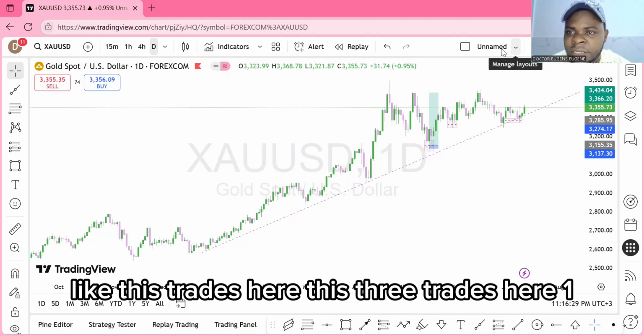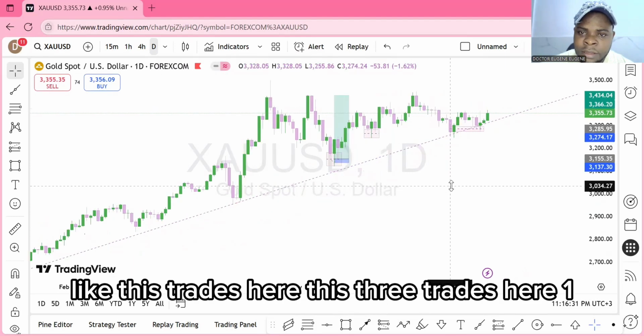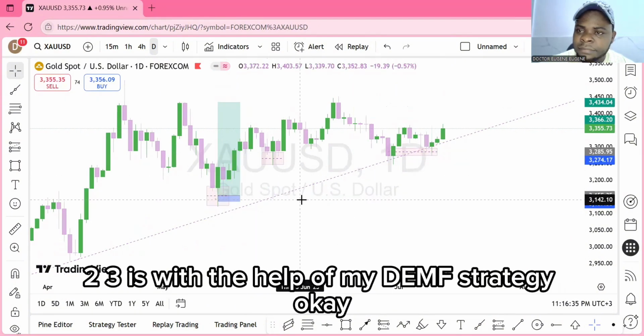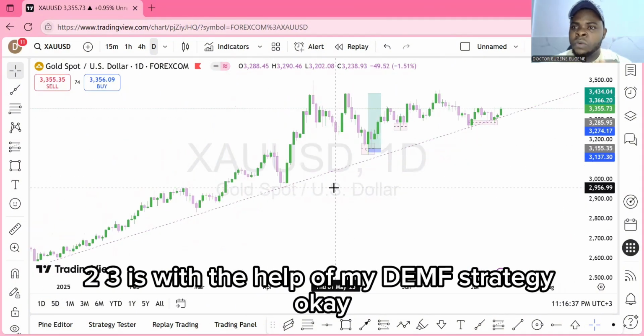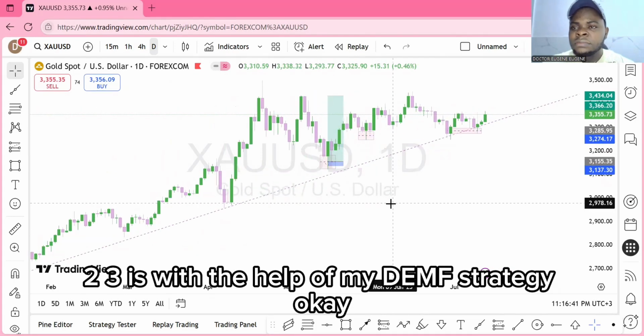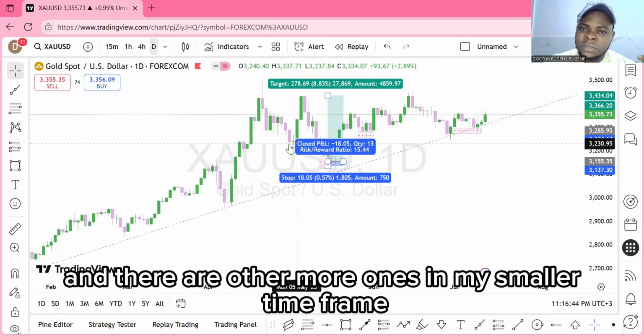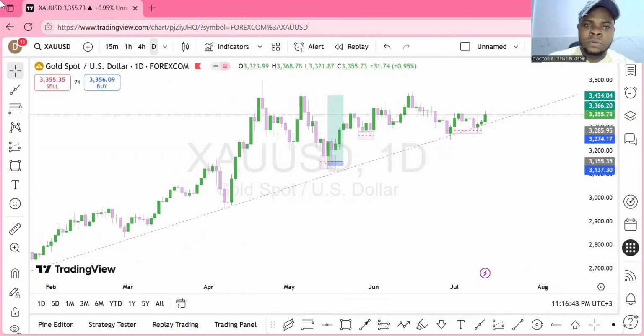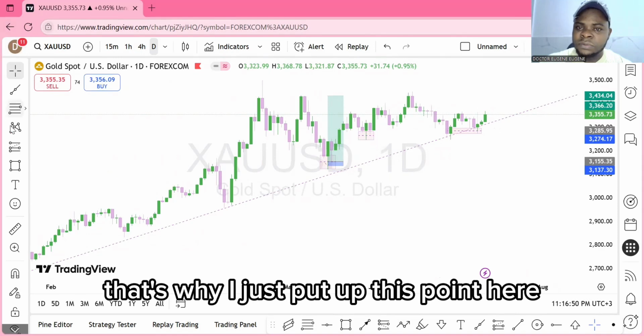Okay, like these trades here, these three trades, 1, 2, 3, are with the help of my DMF strategy. There are other ones in my smaller time frame, but to keep it short, I just put up these points here.